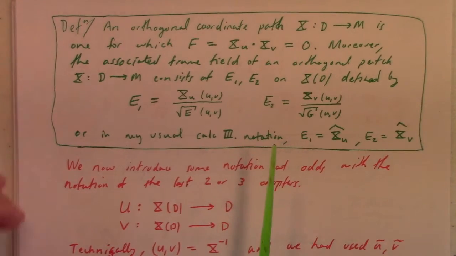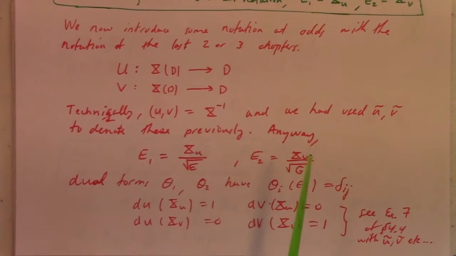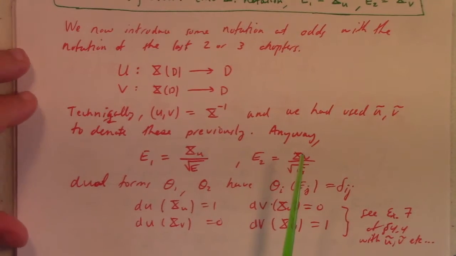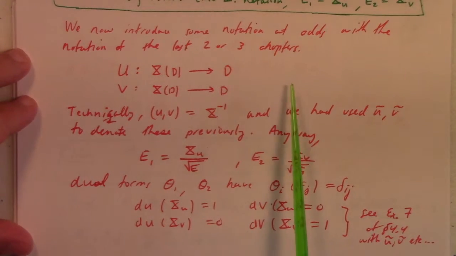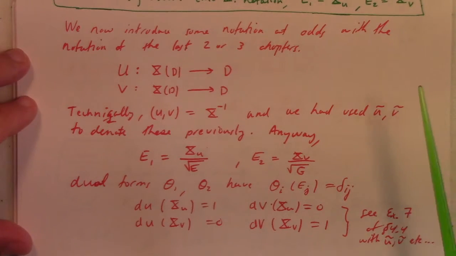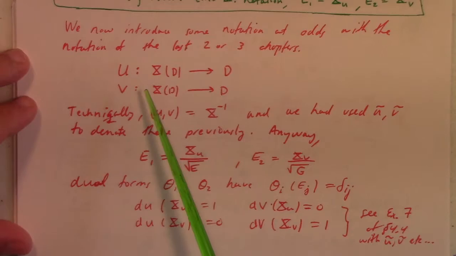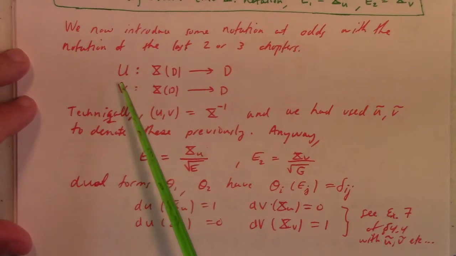We're now going to use some notation that we've used in the past. It's really chart notation, and it's just because we don't want to write a bunch of tildes everywhere.